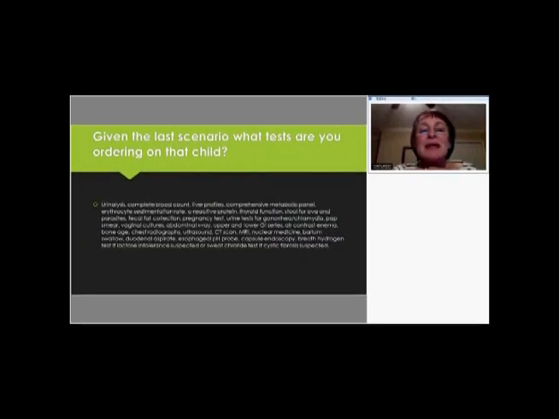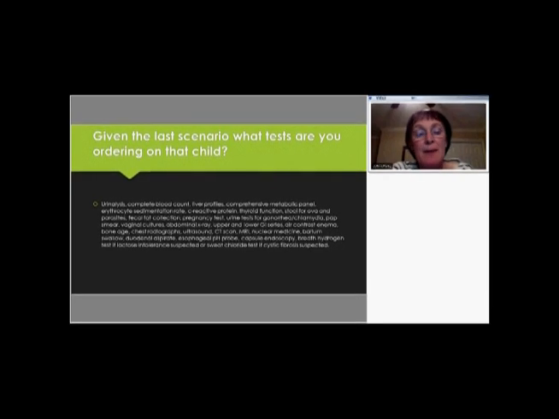Given the last scenario, what test are you going to order on that child? And here are all the tests you might order from somebody with abdominal problems. So what are you going to order on him? CBC? Absolutely, because we know in appendicitis it's going to be elevated, isn't it?